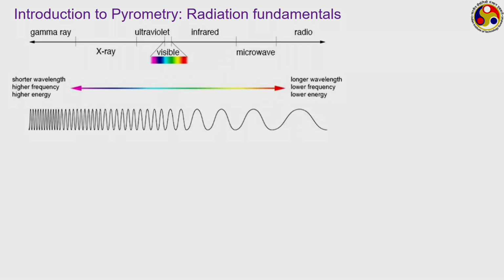The radiation waves can be classified into several categories depending on the magnitude of wavelength. Like for extremely small wavelength we can have X-rays, then UV rays, then we have a very small visible spectrum band, and then come infrareds, which are much longer wavelengths and lower frequency signals compared to the ultraviolet ones or X-rays.